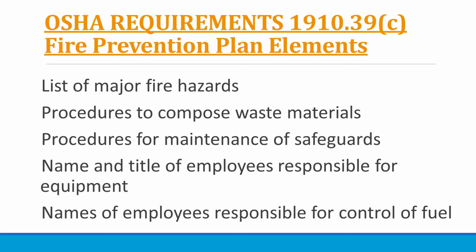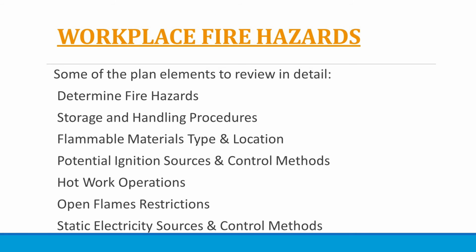That's all really important. So some of the plan elements, as I said in the previous slide, we want to make sure we know what the hazards are. We want to determine the fire hazards, where our flammable storage is, how much of the flammable materials we have. Do we need to store this outside of the main building?